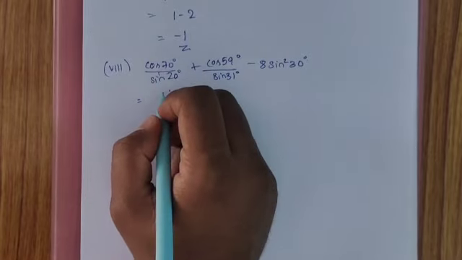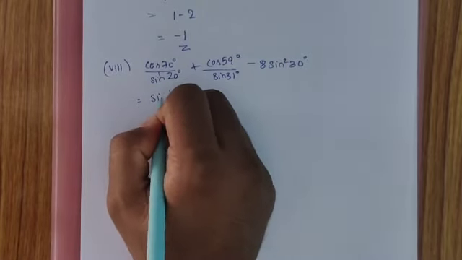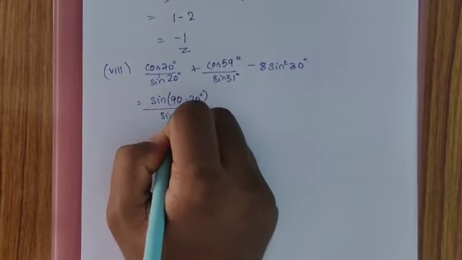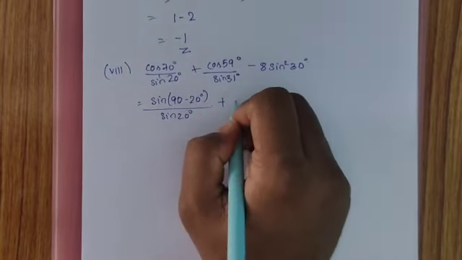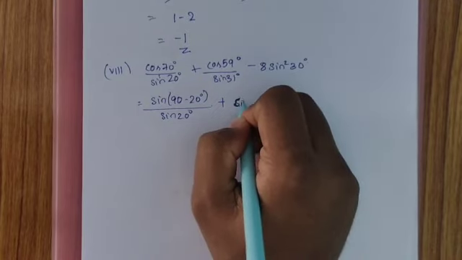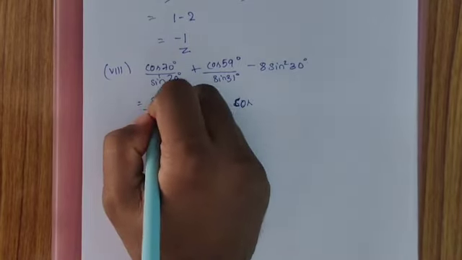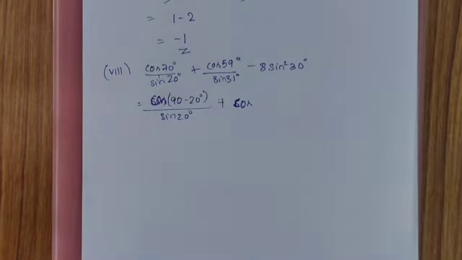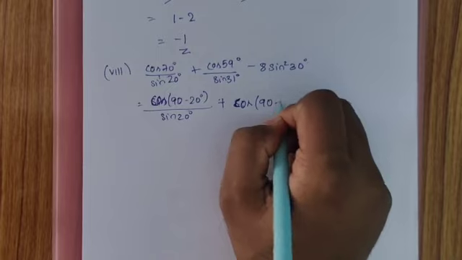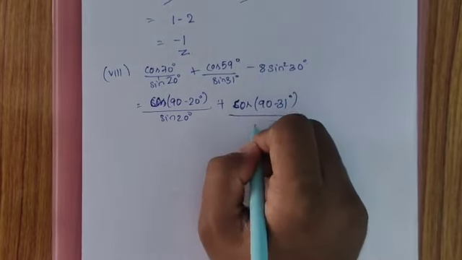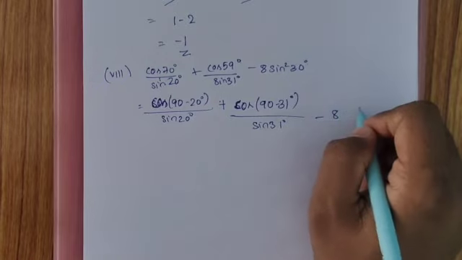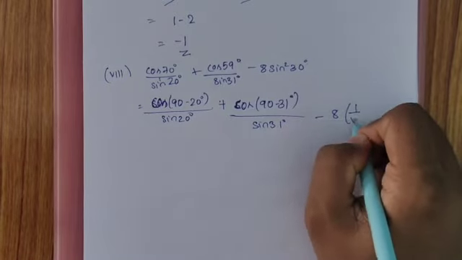So cos 70 can be changed as sin of (90 minus 20 degree) dividing by sin 20 degree, plus cos of (90 minus 31 degree) dividing by sin of 31 degree, minus 8 into sin square of 30, which means 1 divided by root 2, and the square is there.